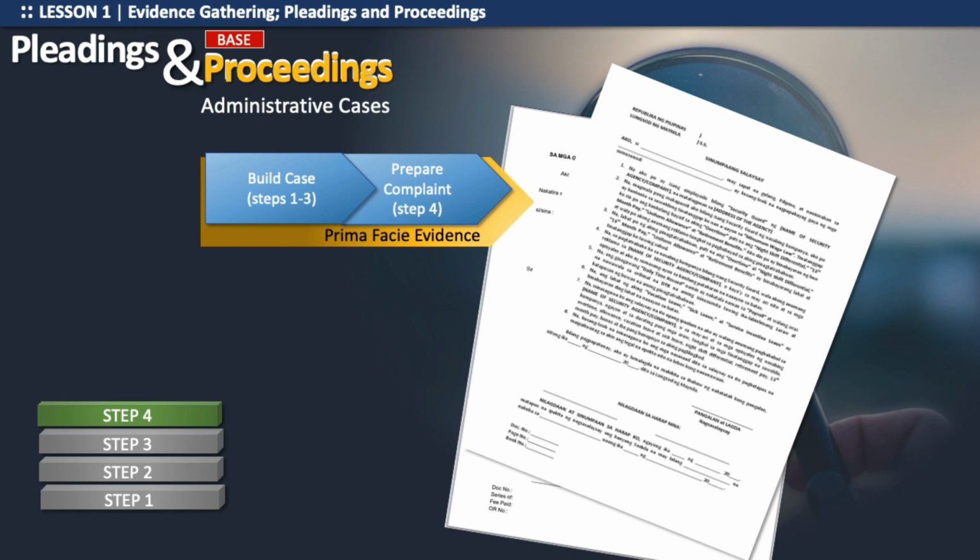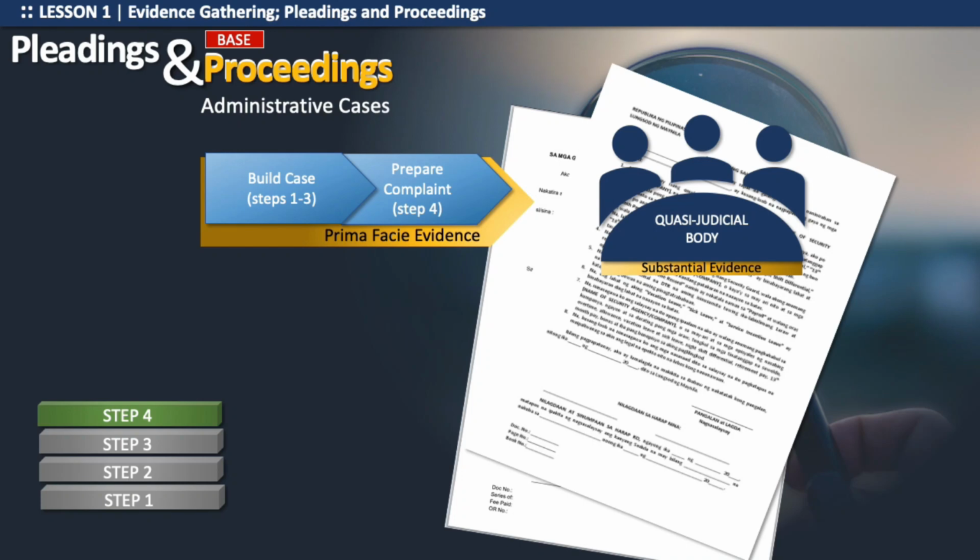With these two, and of course, if you have additional evidence, you would include it here, that gives you essentially the instruments that you need to commence the administrative case. When you have that complete, you would be submitting it to the quasi-judicial body, and the quantum that the quasi-judicial body needs to reach is substantial evidence.